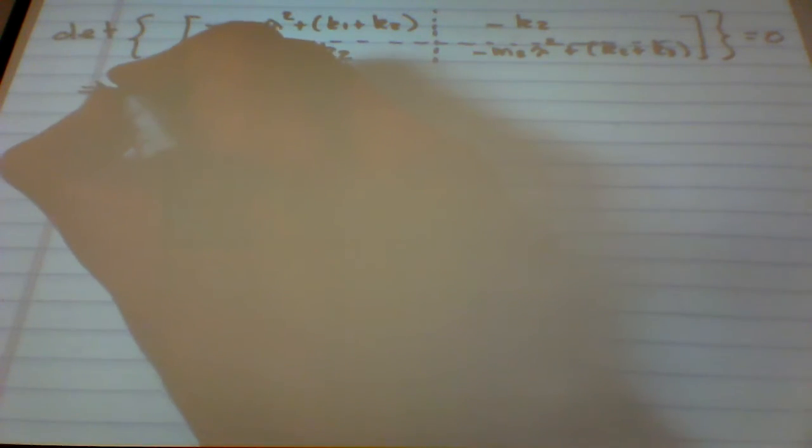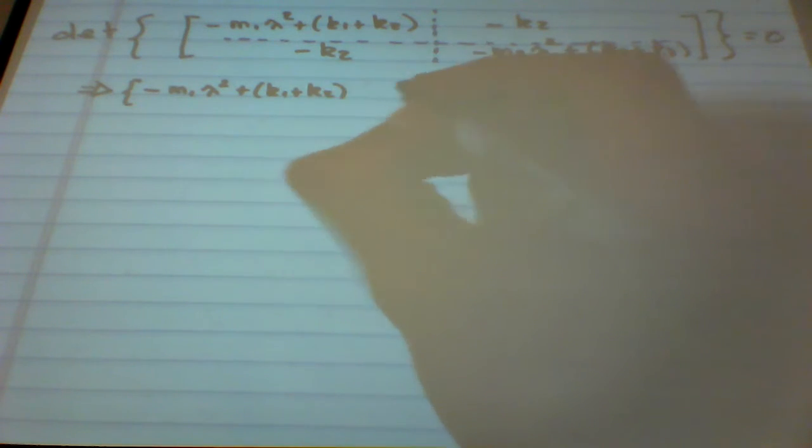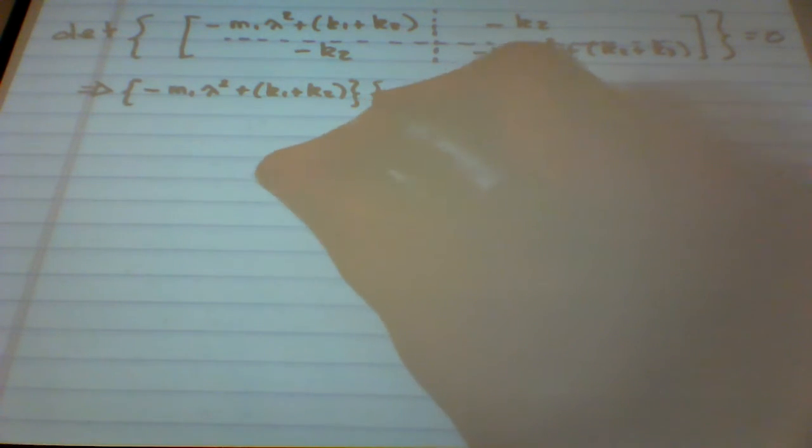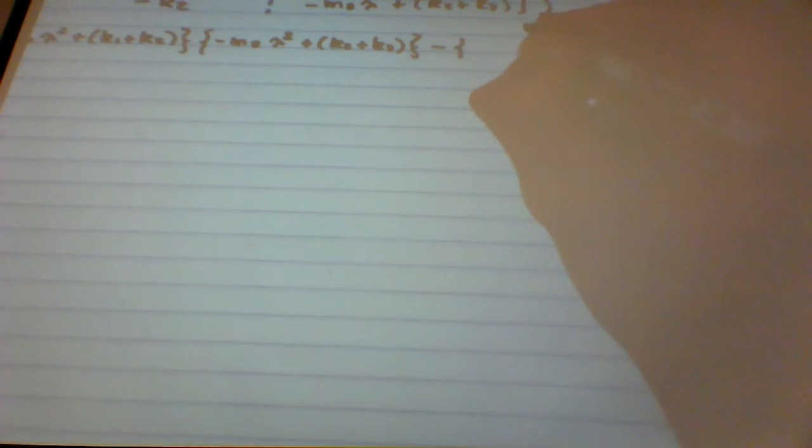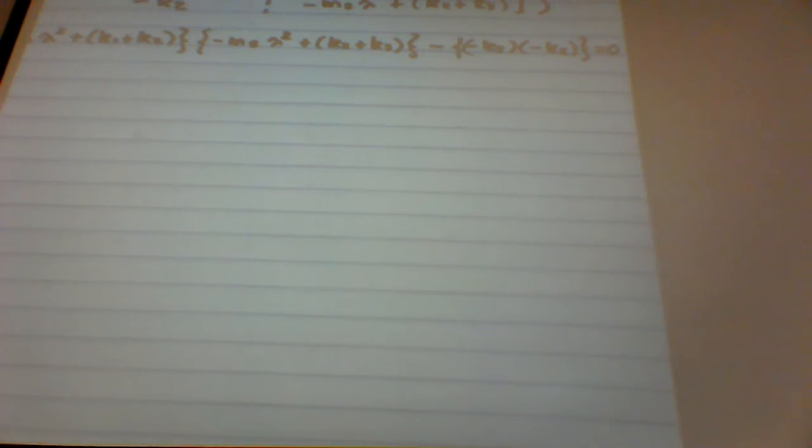We're going to get minus m1 lambda square plus k1 plus k2, times minus m2 lambda square plus k2 plus k3, minus minus k2 minus k2, and this should be equal to 0.